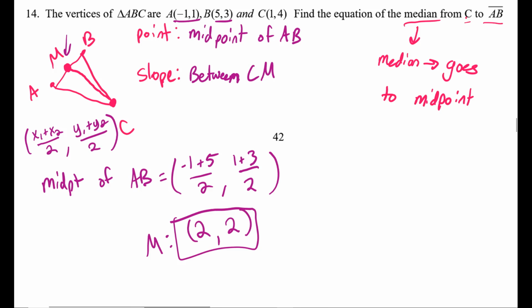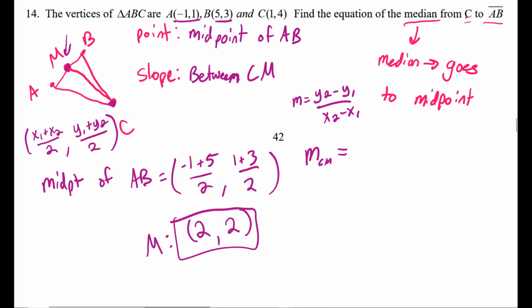Now the next thing we want to do is find the slope between the vertex C and M. So we always use m to represent slope, and I'm just going to write it as a little cm right next to it, so I know I'm finding the slope between C and M. And remember, the slope formula is just y2 minus y1 over x2 minus x1.